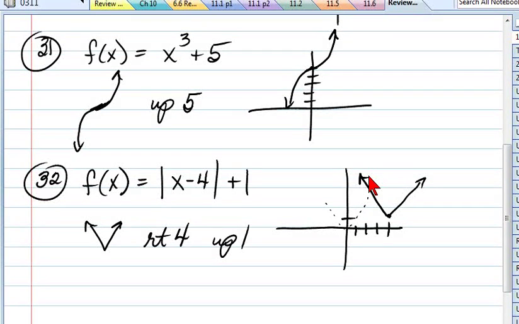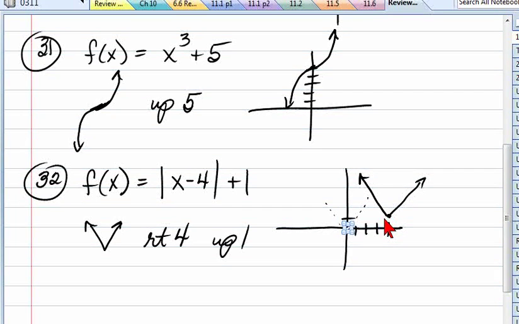The squiggle doesn't matter where, as long as that point is right there. That point that's normally at 0, 0, that's the one I'm looking for. That's why this point had to go right 4 and up 1. Okay?